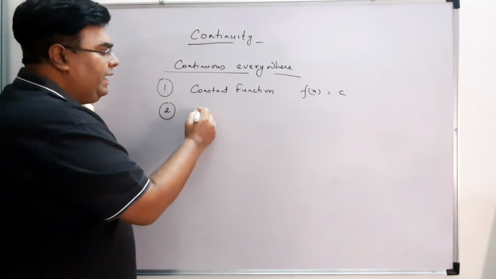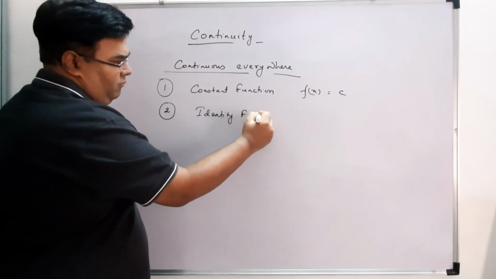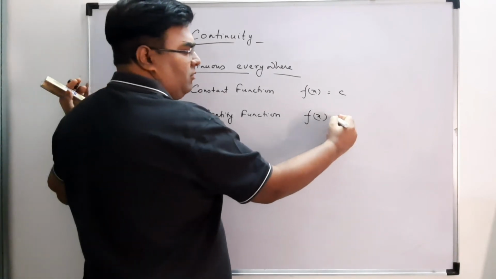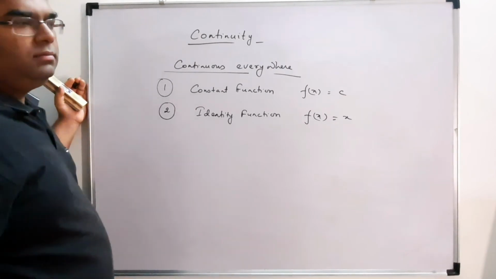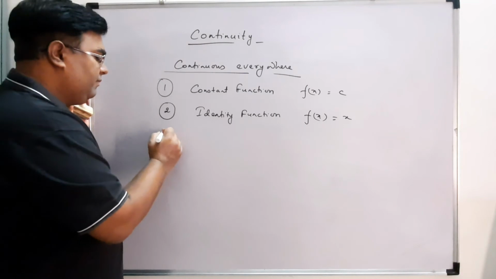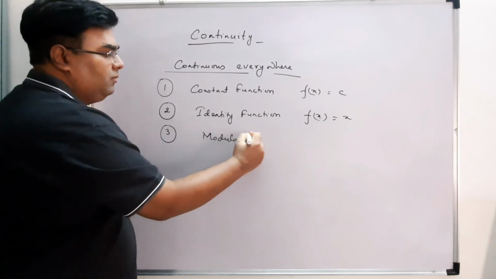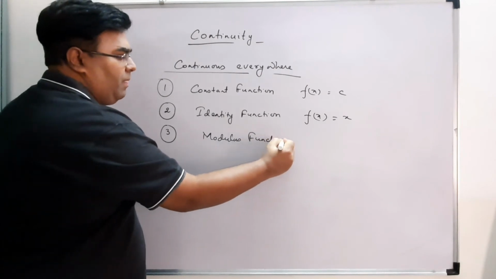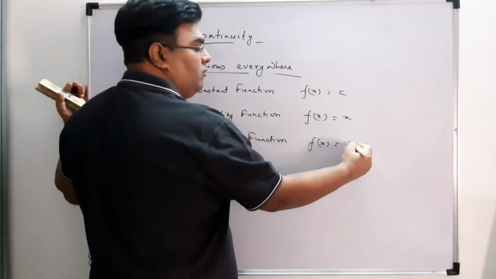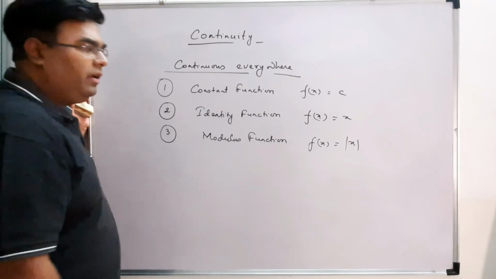Second, identity function, which is f(x) is equal to x. Correct? So this is also continuous everywhere. Third, modulus function, f(x) is equal to mod of x. It is also continuous everywhere.